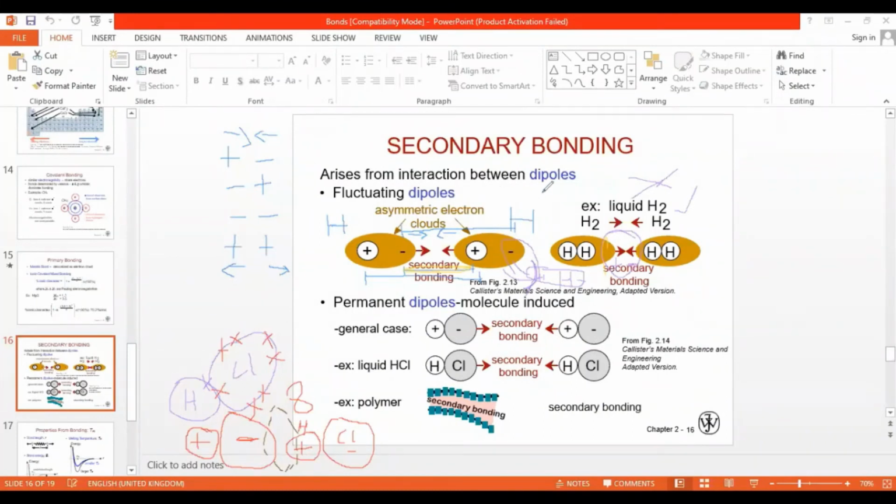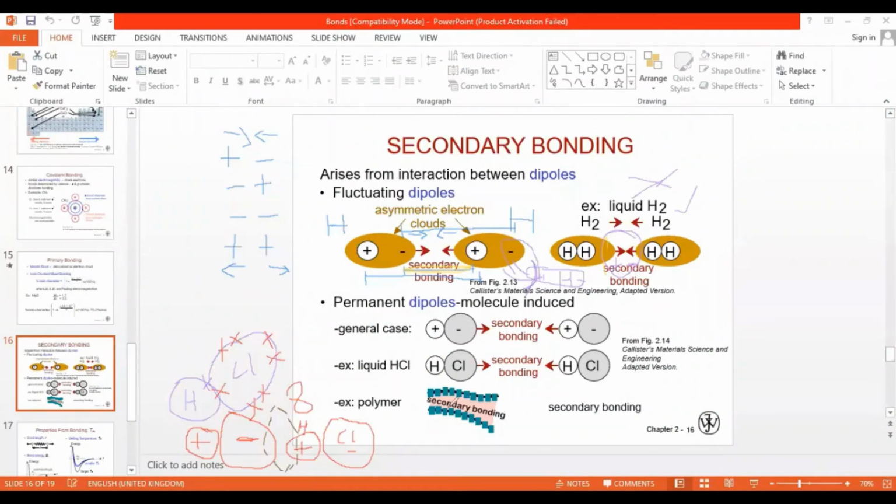If we remove those conditions, this is like living with a life jacket. If we provide a life jacket and oxygen and everything, this will survive like this. If you remove them, this will again turn to hydrogen gas, right? So that's why this is called a fluctuating dipole, and this is called a permanent dipole, right?